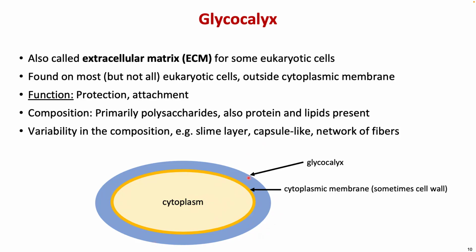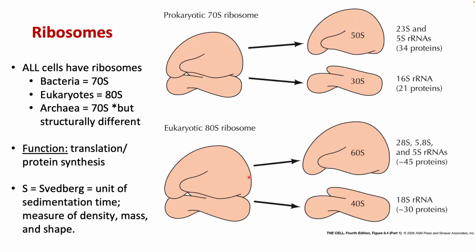It's composed primarily of polysaccharide, and there are also some proteins and lipids present. There's variability in its composition. For example, there might be a slime layer, there might be a capsule, there might be a network of fibers all around. But in eukaryotes, it's more varied. So you have to put that in mind.